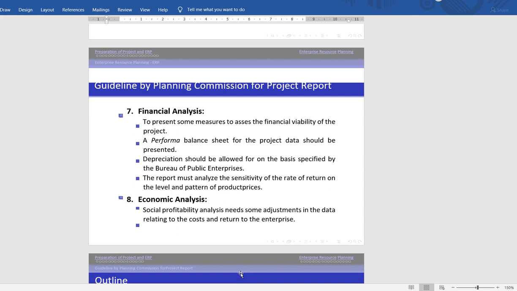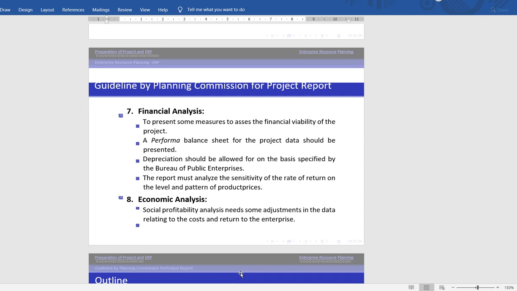A pro forma balance sheet for the project data should be presented in the report. Depreciation should be allowed for on the basis specified by the Bureau of Public Enterprise. The report must analyze the sensitivity of the rate of return to the level and pattern of product prices.